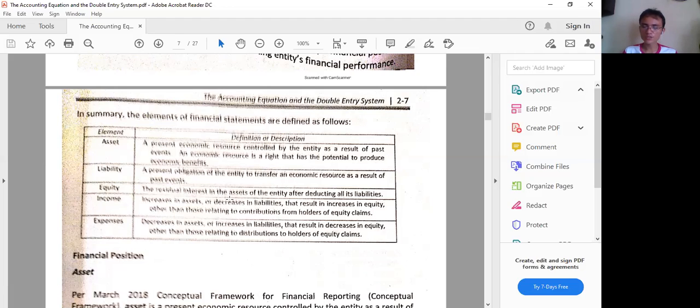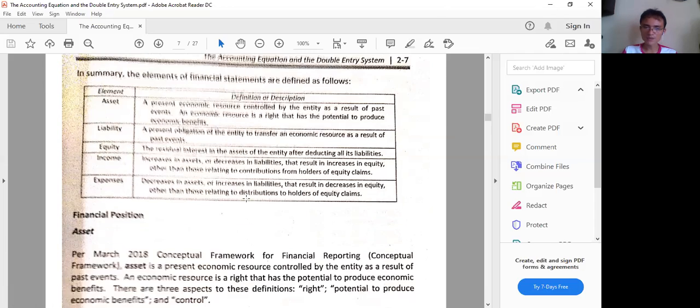Quantitative could be financial or non-financial. If financial, we talk about money. If non-financial, we talk about amounts other than money. Benefits can be in many forms, but we just measure the financial ones, or if we can measure them in financial terms, then we do that. So income is the gross inflow of economic benefits.